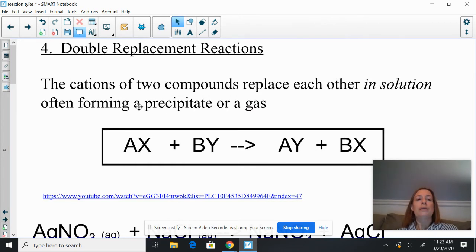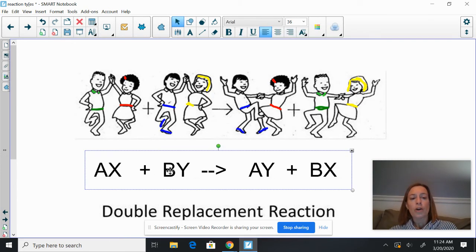So in a double replacement reaction, you can see the cations of two compounds replace each other. Once again, there need to be solutions here. That is, AX and BY, whatever they are, have to be dissolved in water. So the cations of two compounds, let's go back, the first part of each compound switch places.